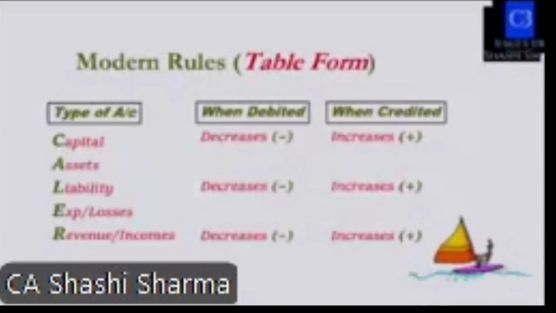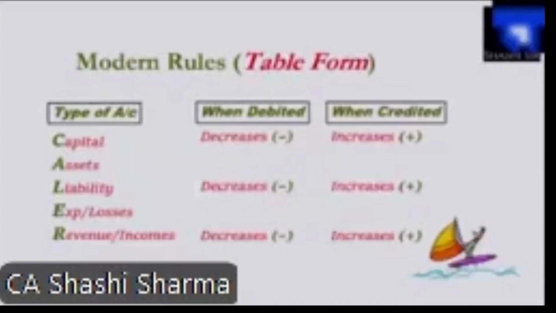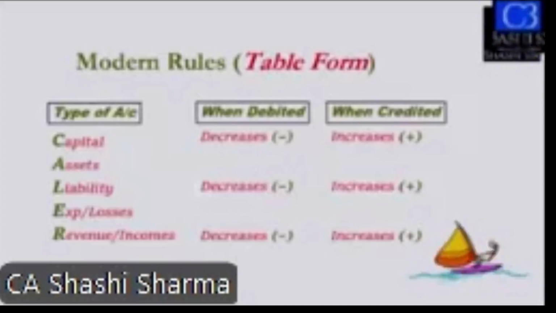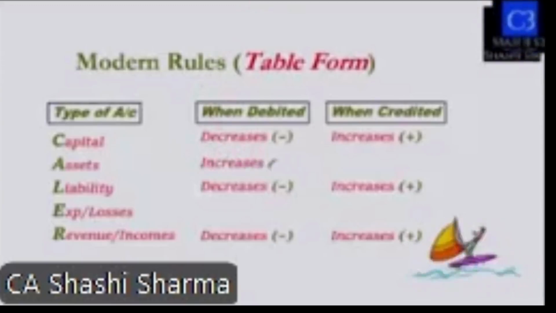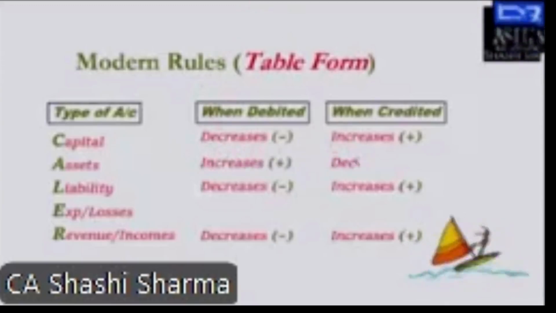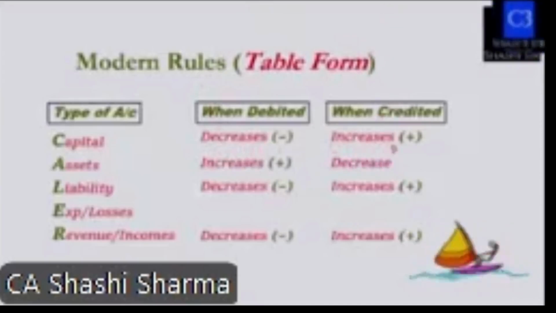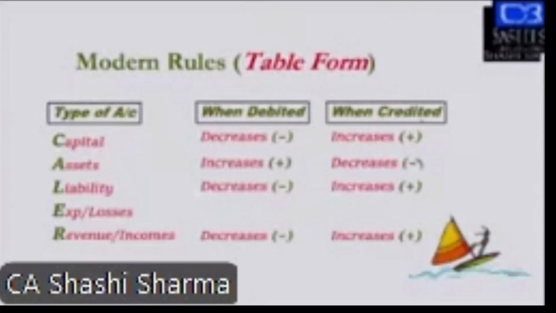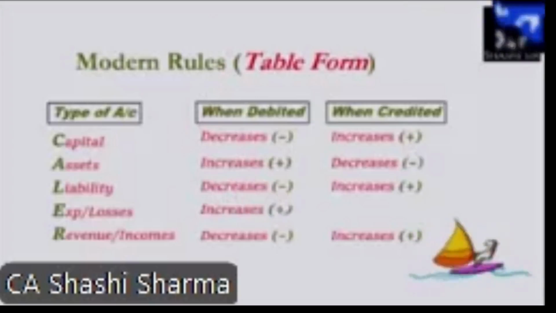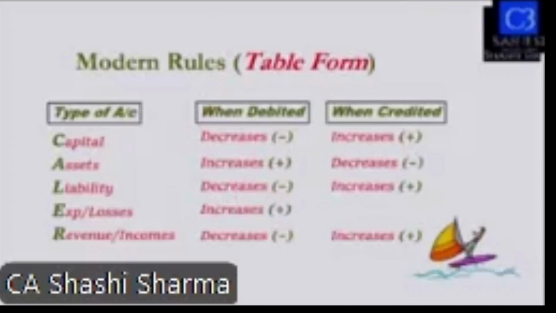And for the middle two categories, assets and expenses, the rules are similar and just opposite. In the case of assets, it will be debited if it is increasing and credited if decreasing. In the case of expenses, losses also, the rules of assets are applicable.